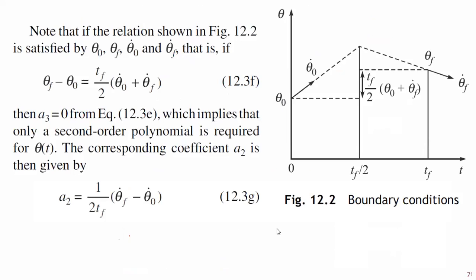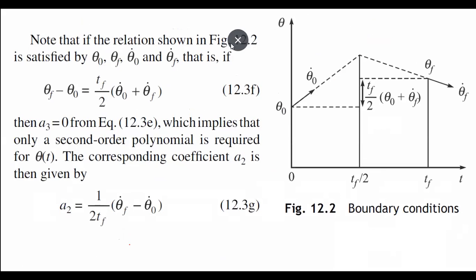Now, next, note that if the relation shown in equation 12.3f, that is, the boundary conditions, is satisfied by theta naught dot and theta f dot, that is, if theta f minus theta naught is equal to tf divided by 2 into bracket theta naught dot plus theta f dot, equation 12.3f, then a3 is equal to 0 from equation 12.3, which implies that only a second order polynomial is required for theta t.